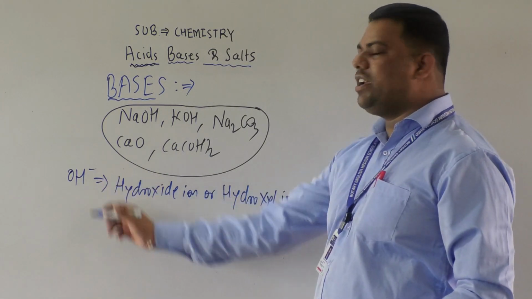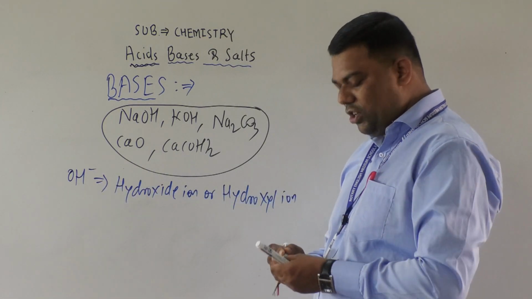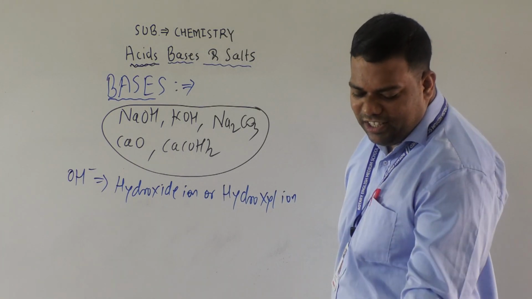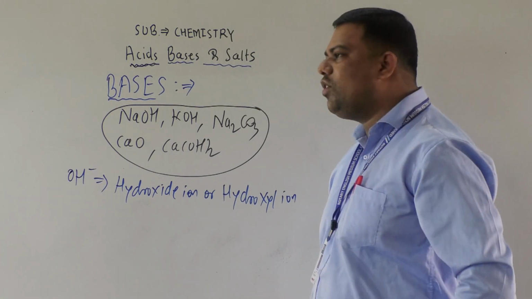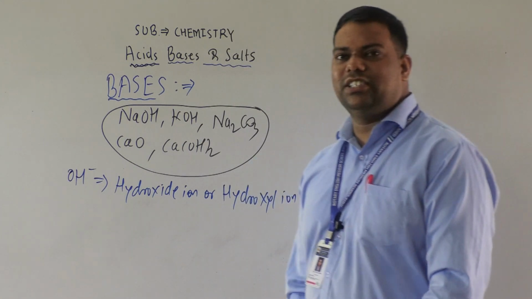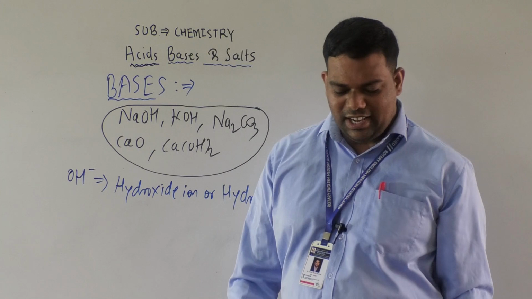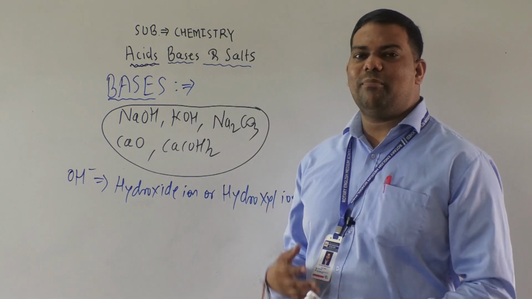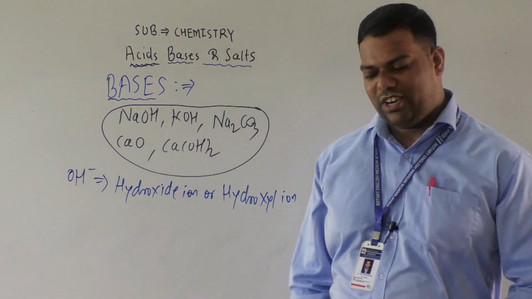So this OH minus shows that the compound is basic in nature. Whatever that base is, it is a metallic oxide or a metallic hydroxide also. Understood?